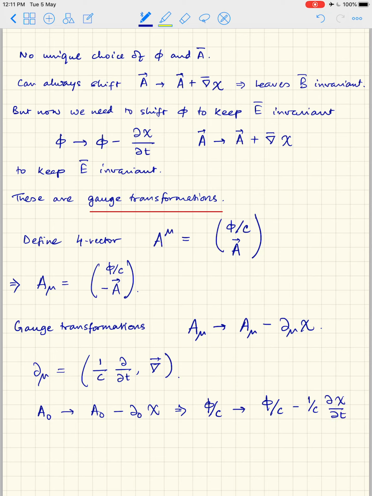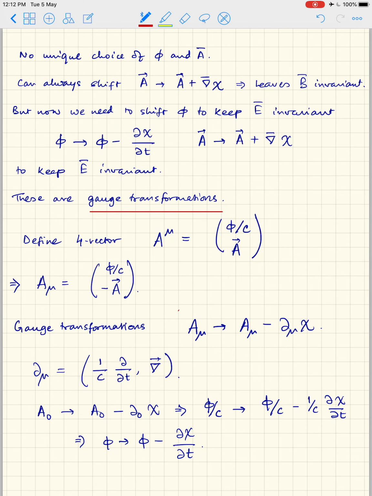So this takes care of factors of C, and you get phi goes to phi minus del chi del t, essentially what you had upstairs. So this is a nice covariant form of this equation.